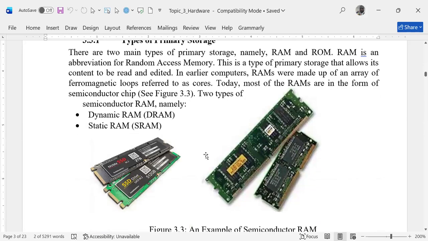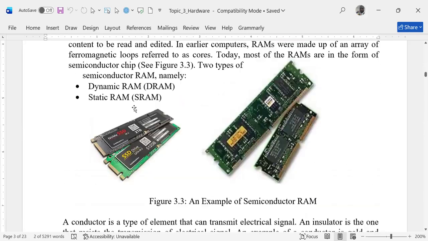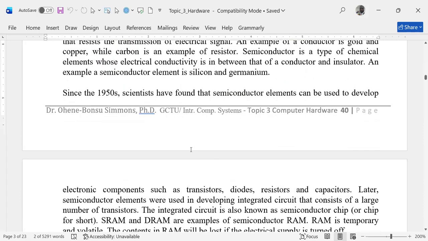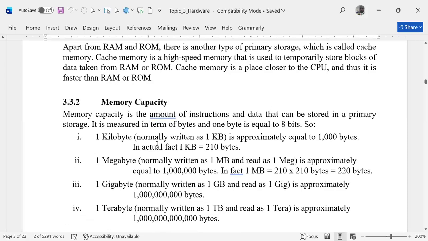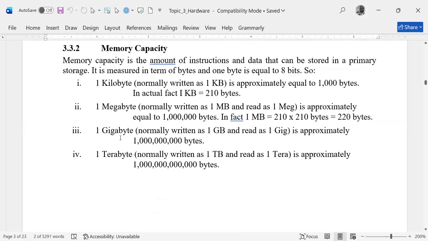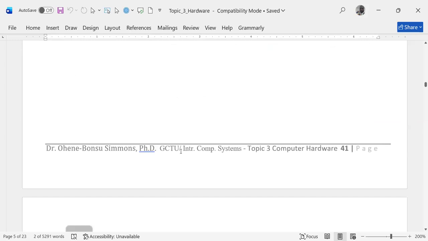I've explained RAM and DRAM. We have done that in the previous chapter. Good. And then we also know the ROM, and memory capacity measured in bytes, the lowest kilo followed by mega, giga, terabyte. We've done all this in the previous slide.